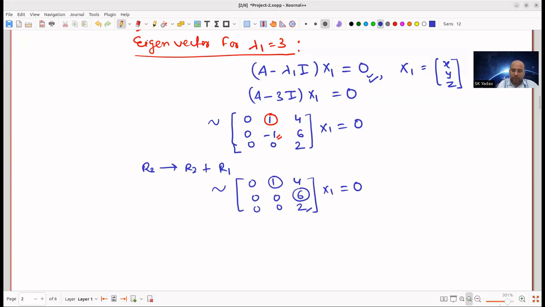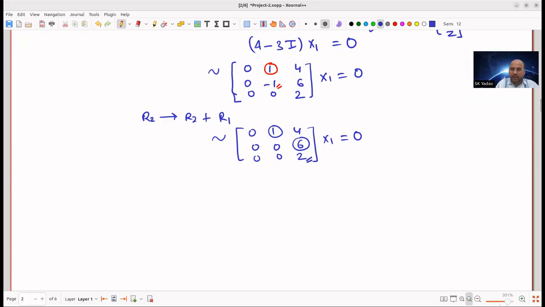In the third row I need to make this 0 to ensure that the matrix is in REF. So I will apply another operation, R3 changes to R3 minus 1 by 3 R2. Okay, so we can write here now 0, 1, 4, 0, 0, 6, and 0, 0, 0.